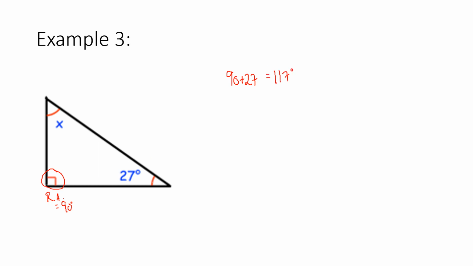So that's these 2 added together, and I need to find the value of x. So I know that all 3 added together should give me 180, so I do 180, subtract my previous answer of 117, and I get a value of 63 degrees. So x is going to be equal to 63 degrees.